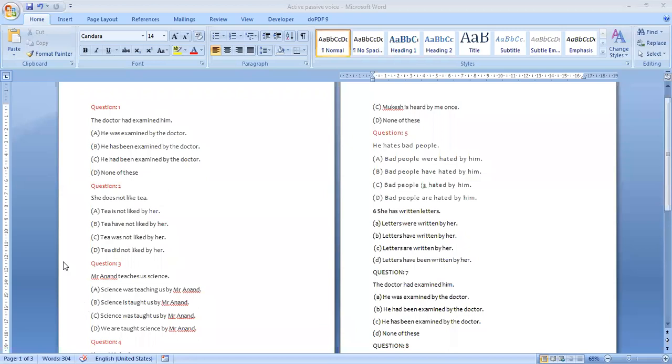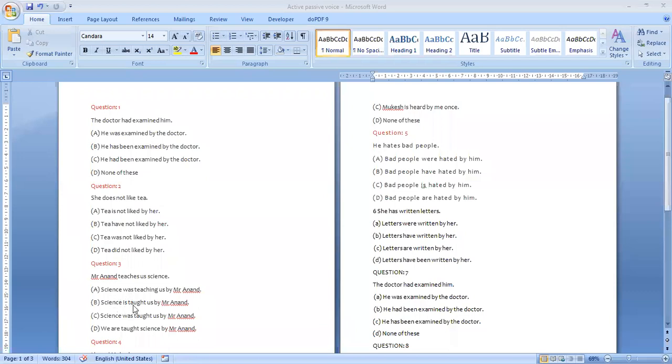So there are two possibilities here. You can either have science is taught to us by Mr. Anand, or we are taught science by Mr. Anand. Okay, now you can see here the first three options are starting with science, but "was science" was wrong.